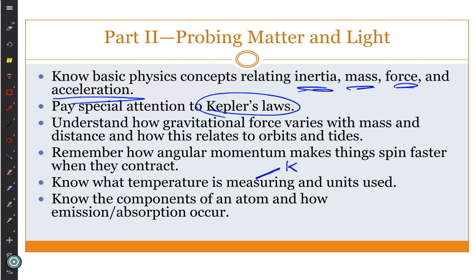At the temperature in the core of the Sun, what's the temperature in the core of the Sun? Like 15 million Kelvin. How much is that in Celsius? Like 15 million Celsius. 15 million plus 273 is meaningless. So for the temperature in the core of our Sun, it doesn't matter which one you use.